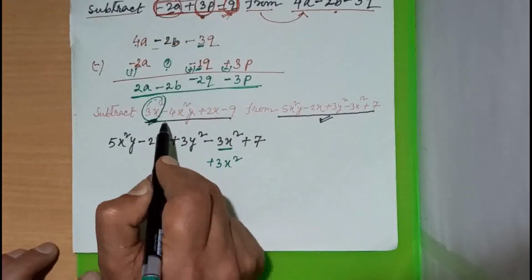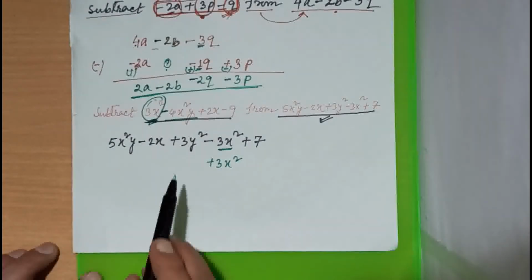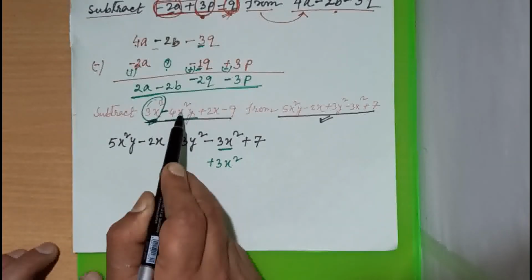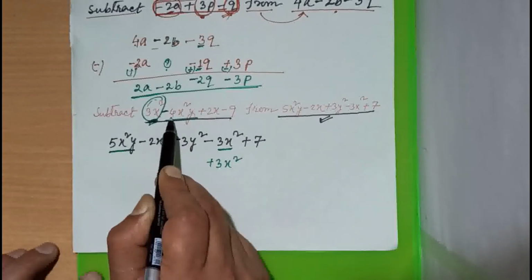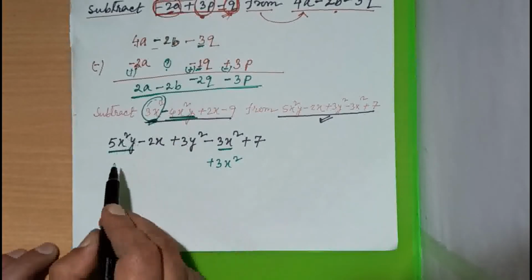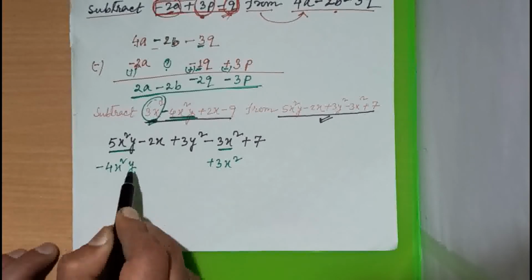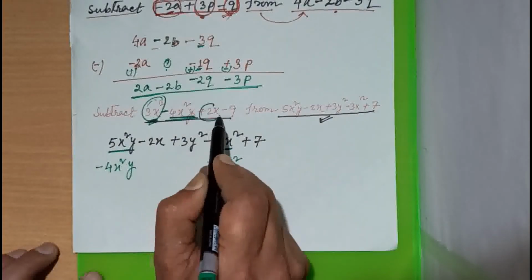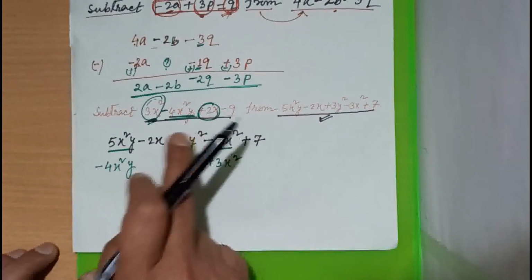Now you go for this term, that is negative 4x square y. So where is the x square y term? This one, the negative 4x square y, we will just write under this. Now you see this term, which is plus 2x.